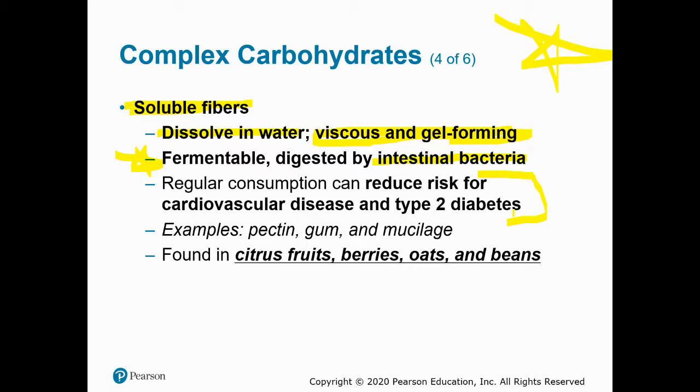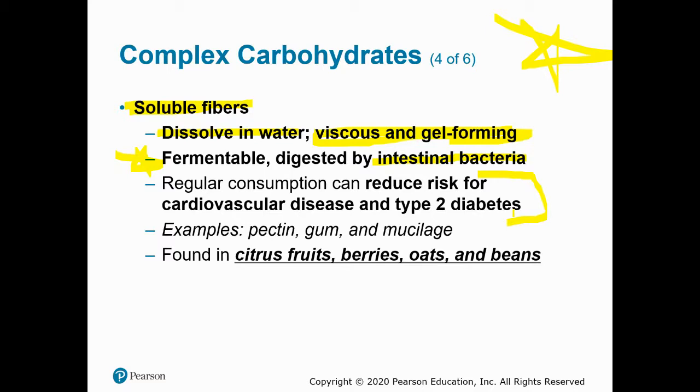So if you think about the quality of your stool, if it's loose, a little runny, or even if it's hard, a little constipation and it's like little hard turds that are hard to pass, you probably don't have enough soluble fiber. But if you have these awesome bowel movements that just come out no problem, and it's one nice clump of everything stuck together, you're probably getting a good amount of soluble fiber.